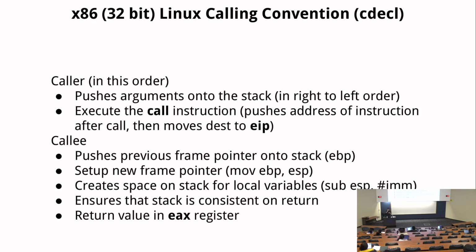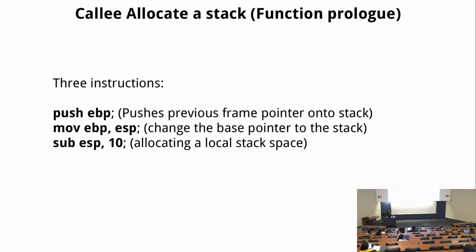It will also set up a new frame pointer by moving ESP to EBP, so now EBP points to its own stack frame. Then it will create space for its own local variables by subtracting some value from ESP. It will ensure that the stack is consistent on return. It will also return the value in the EAX register. So this is the default calling convention when we compile C programs on Linux.